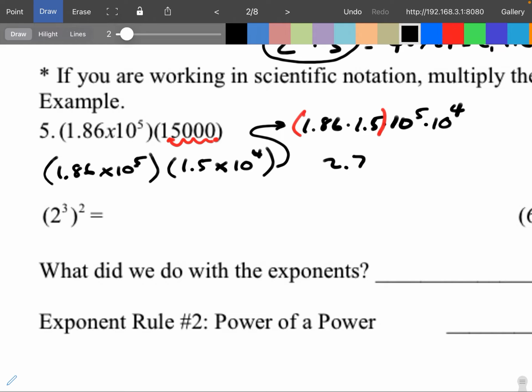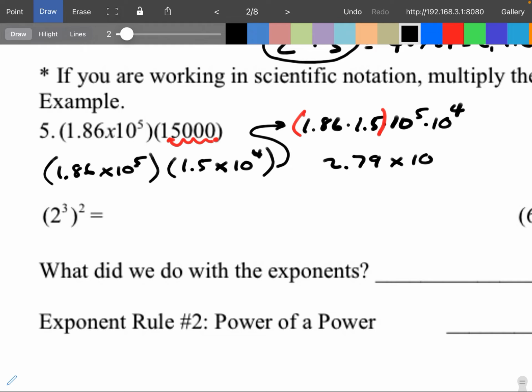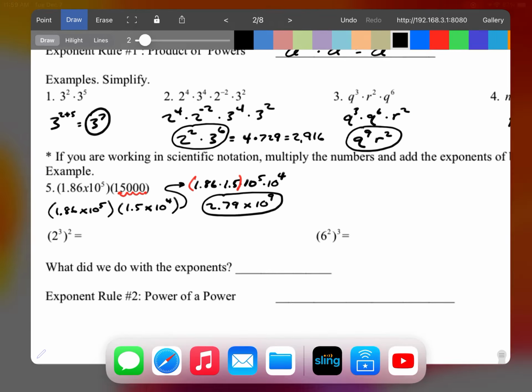So I get 2.79 times 10 to the what power? 9. Yep, same rule we've been using, right? We have like bases here, they're both 10s. So all we got to do is add these powers. So 5 plus 4 is 9. So that would be the final answer on that one. All right, so that's kind of it for that first exponent rule. We got 2 more rules to do.